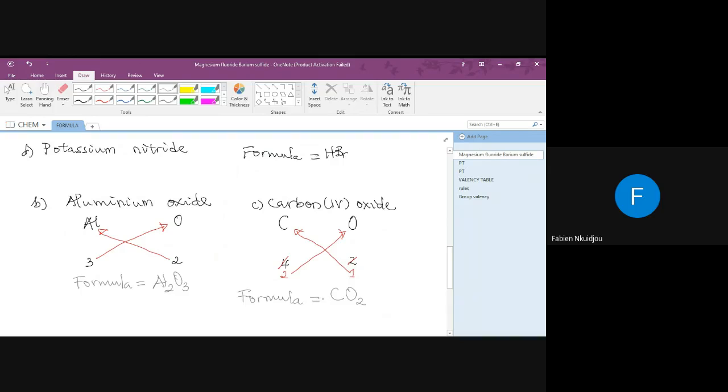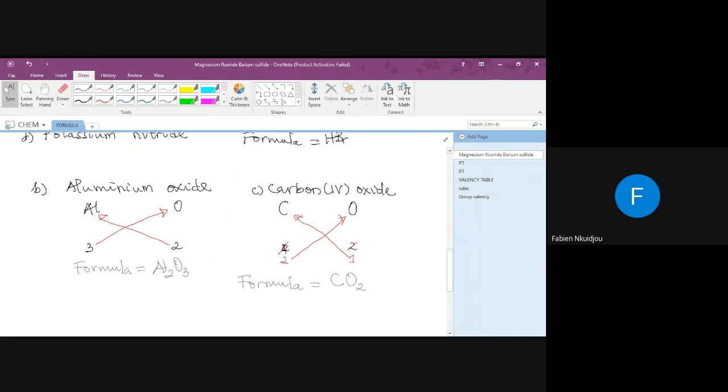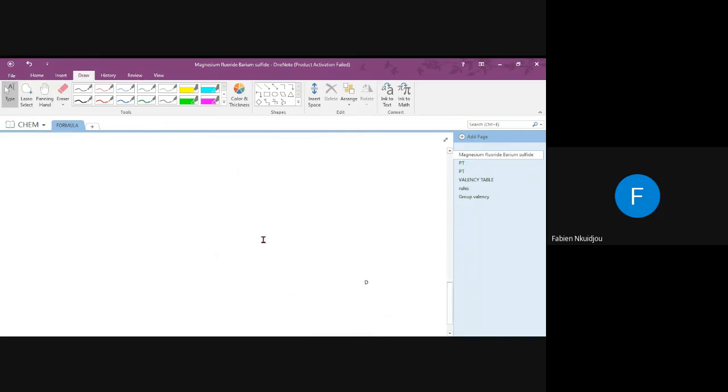The last case we have is potassium nitride. So let's see potassium nitride. So what are the elements in the compound potassium nitride? We can clearly see that we have two elements.